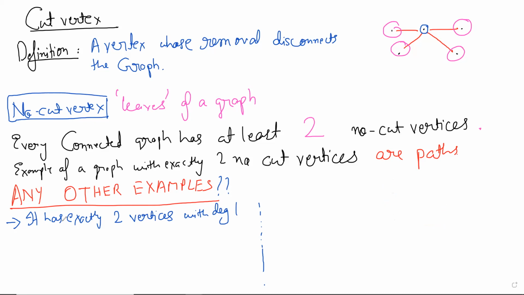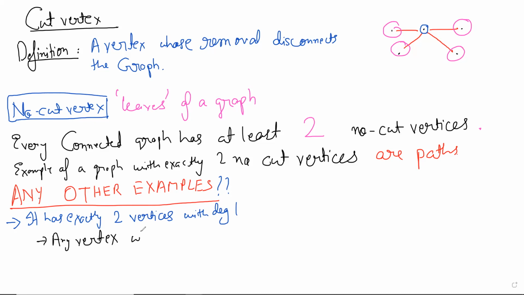So Chandan, can you explain why it should have exactly two vertices of degree 1? Yes, right. Any vertex which is of degree 1 is a no cut. Let me write that, and I'm not explaining it, you should try to figure this out.